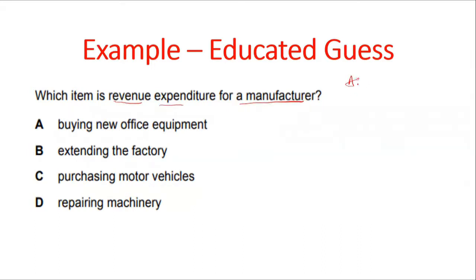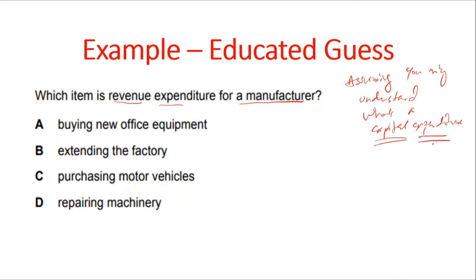Now, assuming you only understand what a capital expenditure is, and let's say you don't have any information on what revenue expenditure means. So you don't know what revenue expenditure means, but you understand what capital expenditure is. That's your limited information over there. Using this limited information, we will see how to arrive at the correct option.